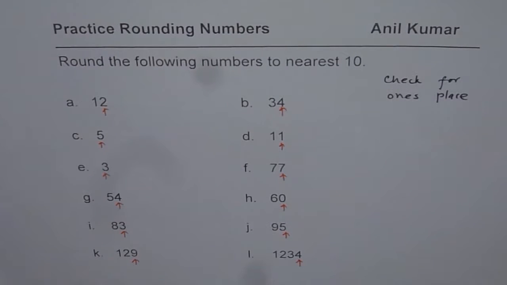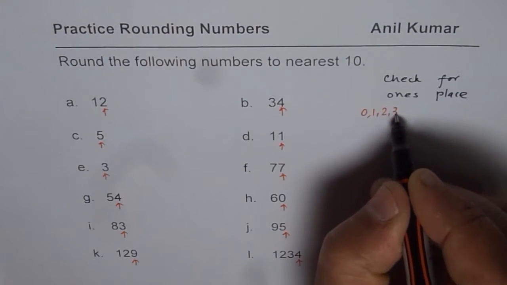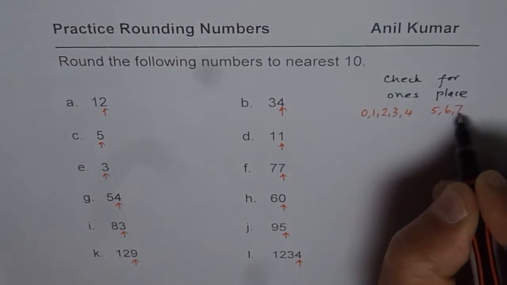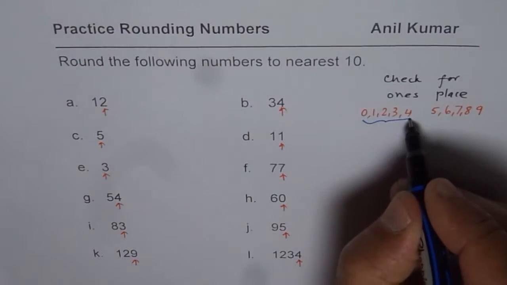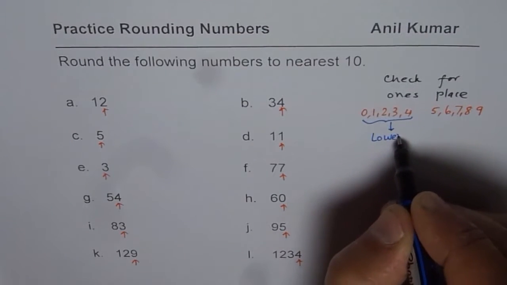So check the ones place. Now the ones place could be 0, 1, 2, 3 or 4, or it could be 5, 6, 7, 8 or 9. If it is from 0 to 4, then you have to round lower. Is that okay?